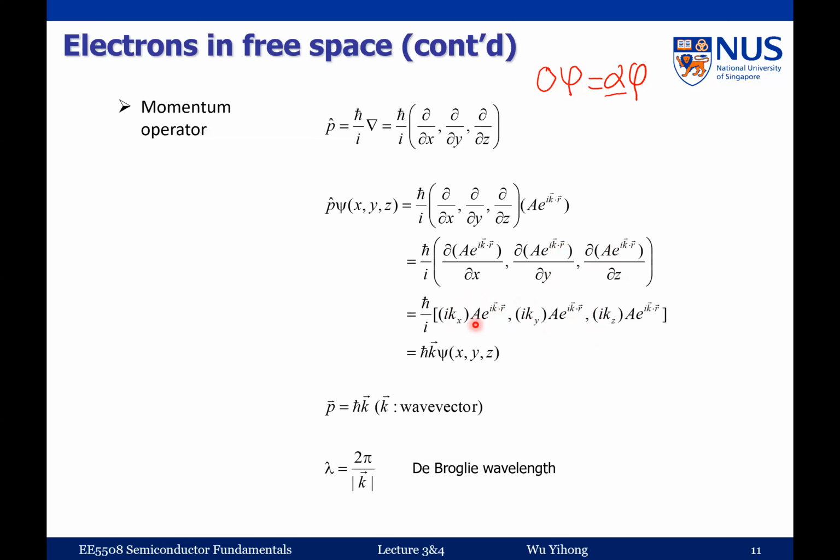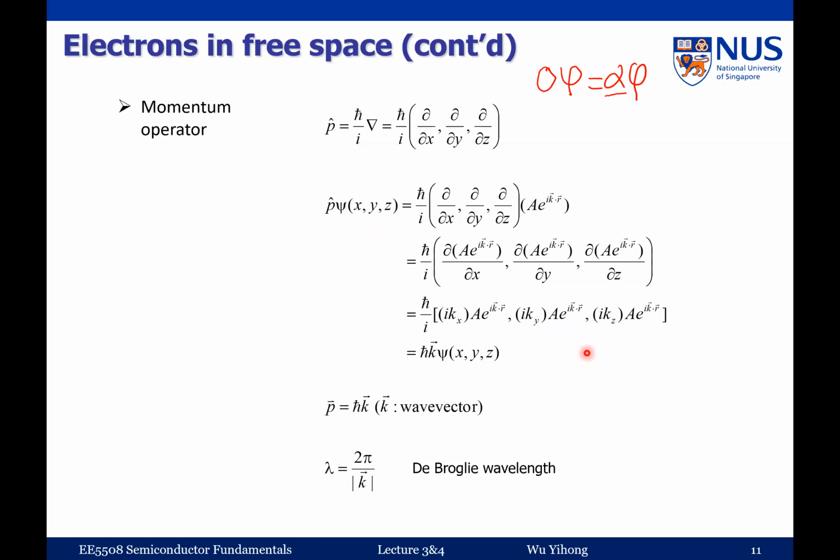Now this exponential term is the wave function itself, and it is common. So this one, this one, this one, they are the same. You take it out, and that is your wave function. And then you have an i, which cancels with this i. Now inside this bracket you have kx, comma, ky, comma, kz.